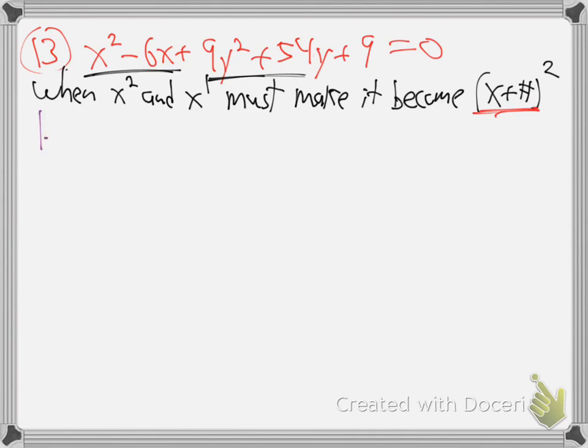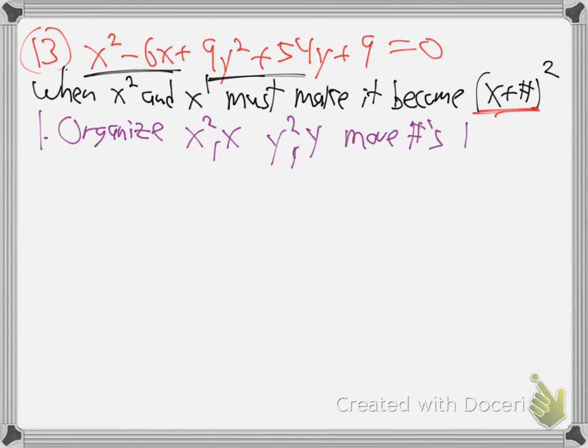Step 1. Organize x squared and x, y squared and y, and move numbers to the other side. So I'm going to take that plus 9, make it minus 9. Subtract 9 from both sides, so it's gone. So right now, step 1, I'm just organizing things.